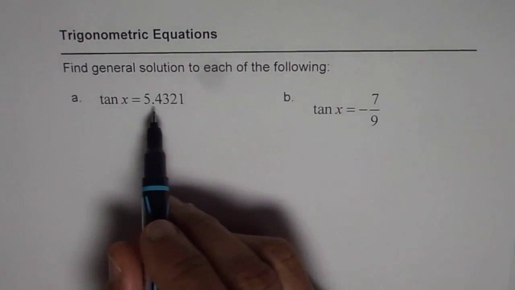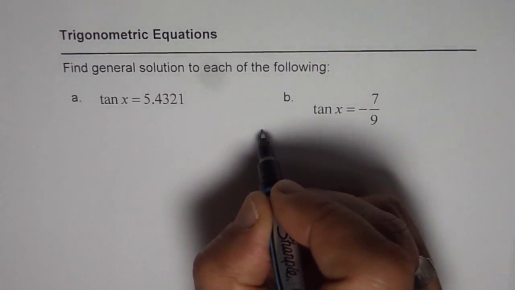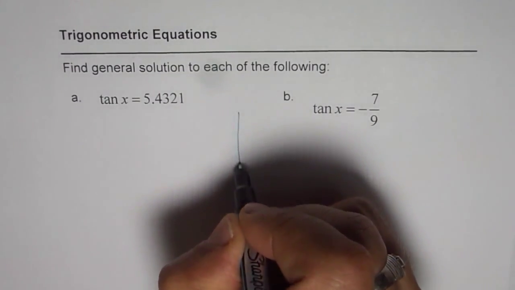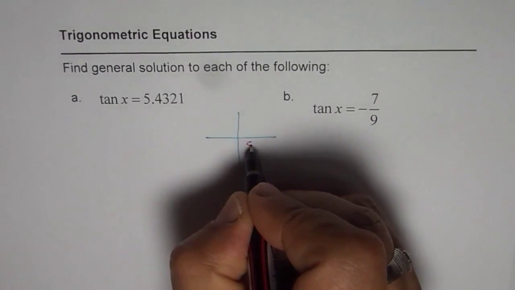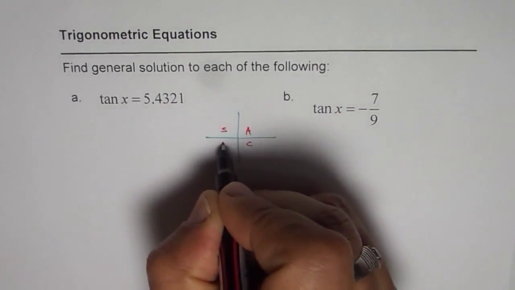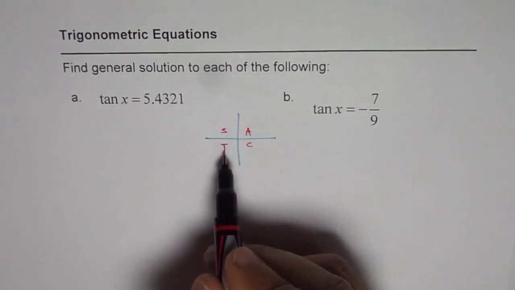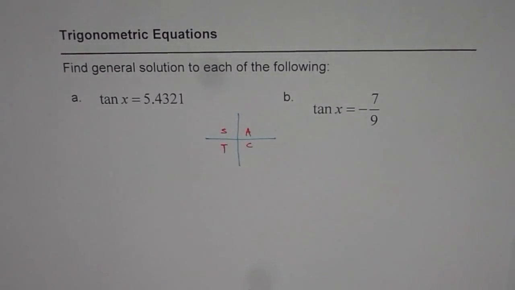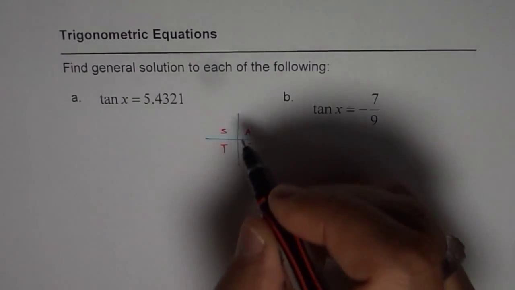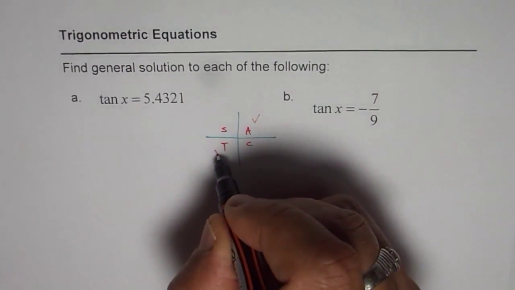So when we say tan x is positive, you can apply the CAST rule and figure out when tan is positive. The CAST rule, or you can say ASTC, all silver tea cup, right? So you know tan is positive in two quadrants, which are quadrant 1 and quadrant 4.